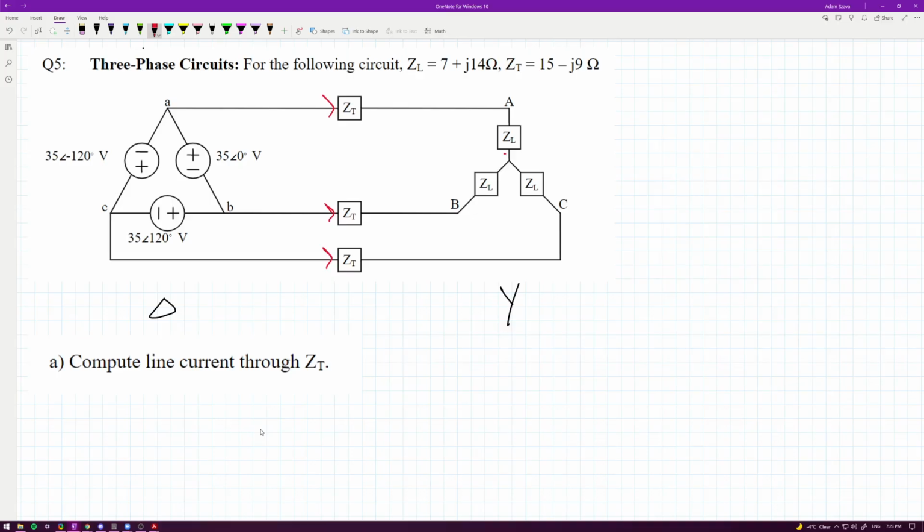I think they mean the magnitude of the line current. They all have the same magnitude, but they're out of phase with each other. That's the point of a three-phase circuit.